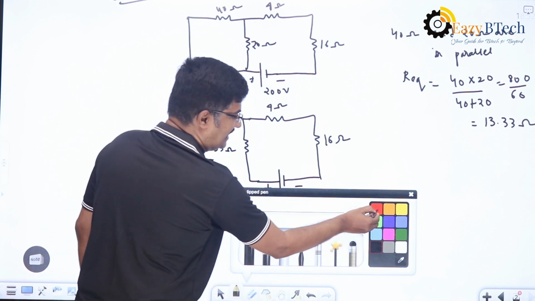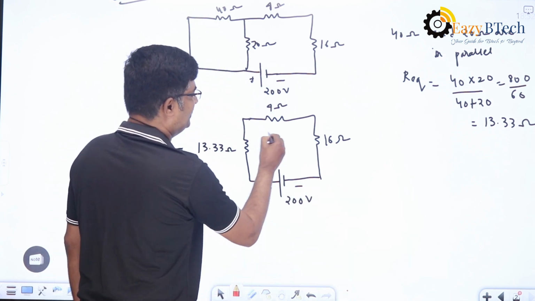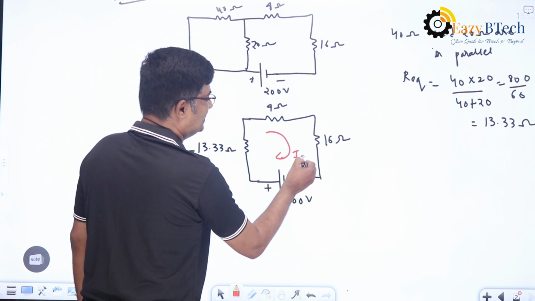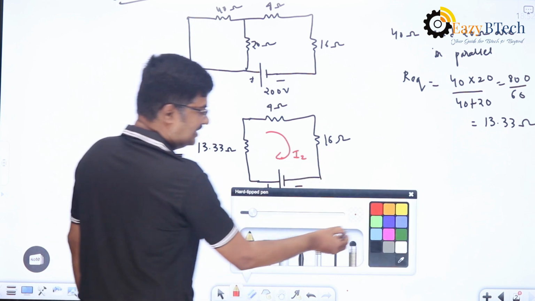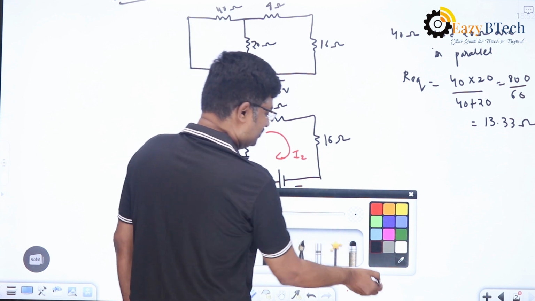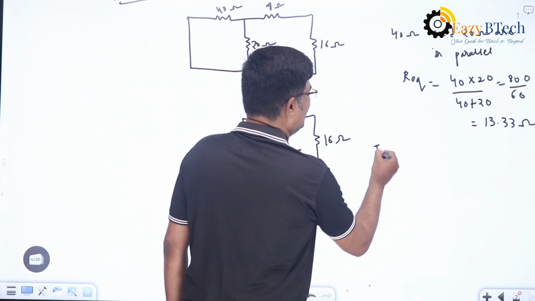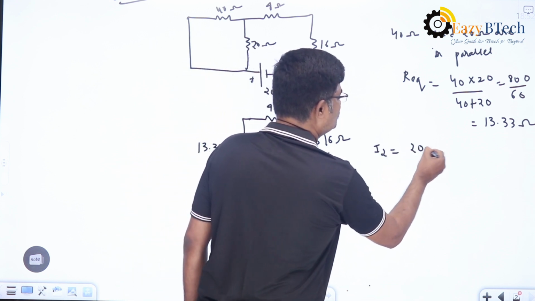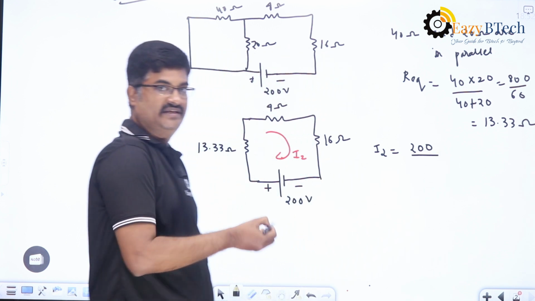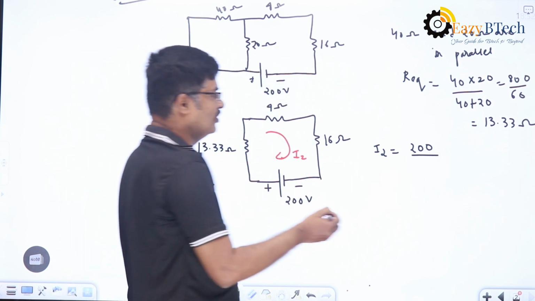Once again, if I want to calculate the total current, this is my total current I. Here I will be considering this as I2. For this also, my I2 is equal to the total voltage, which is 200, divided by my R equivalent, which is 13.33 plus 4.